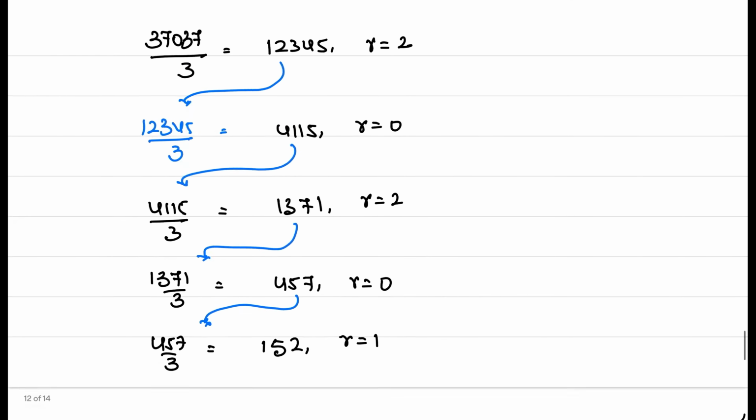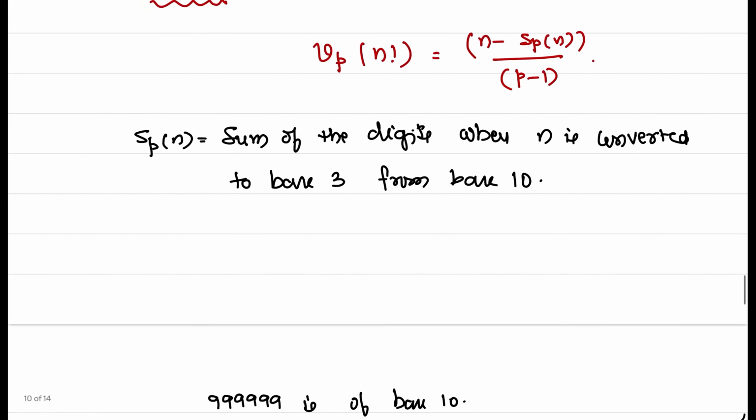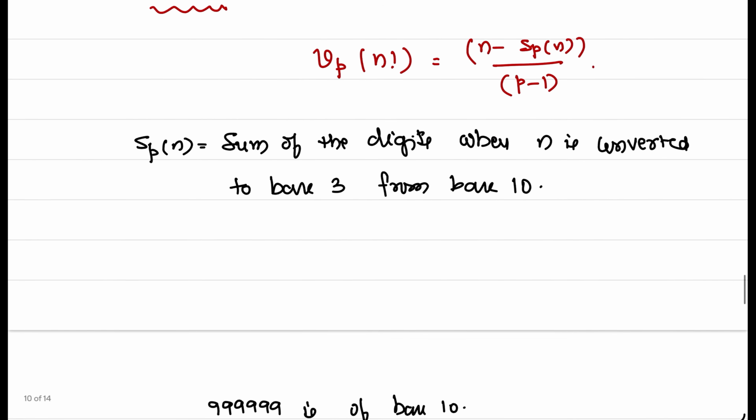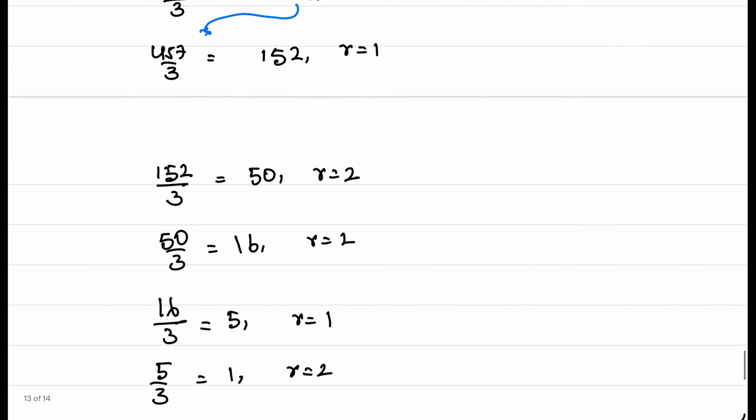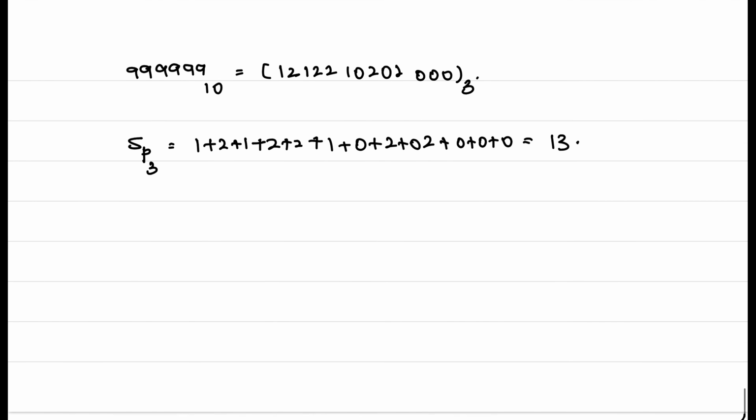Now, what is the formula? Vp for base 3 is the exponent, the maximum highest exponent.